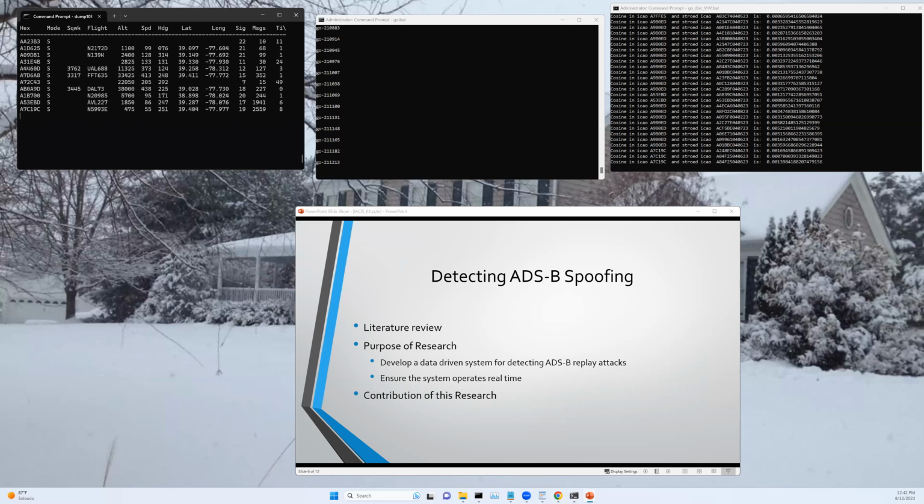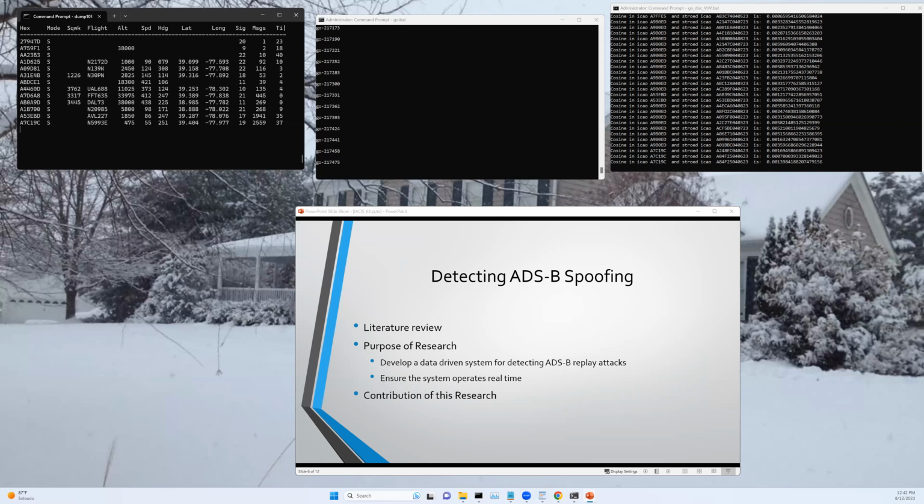A risk in such an approach is of overfitting the data and of catastrophic forgetting. In addition, a replay attack is going to have valid position and velocity information because it is based on real message traffic. Most of the other detection approaches for ADS-B spoofing in the literature were based on electronic methods.